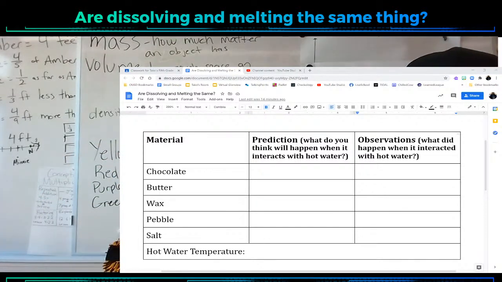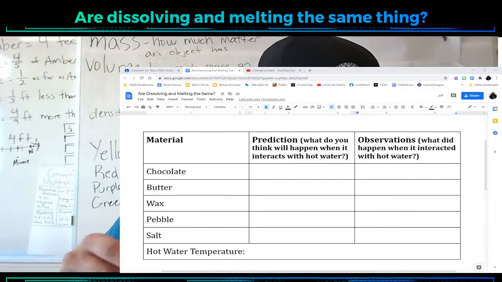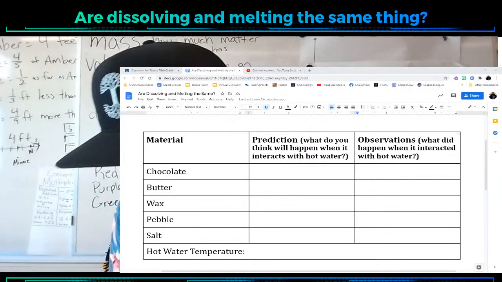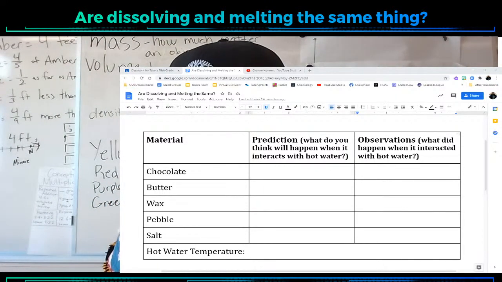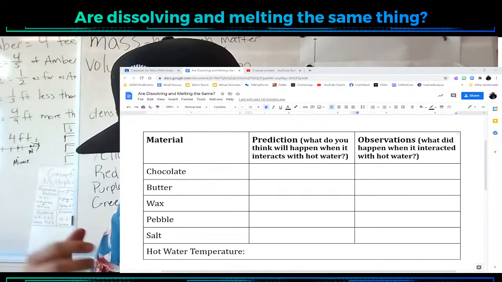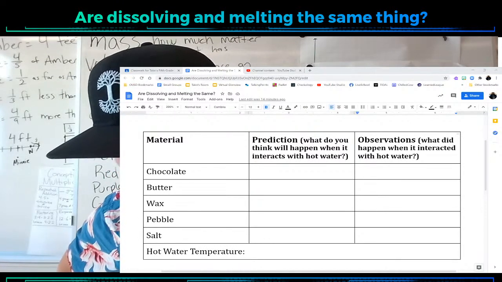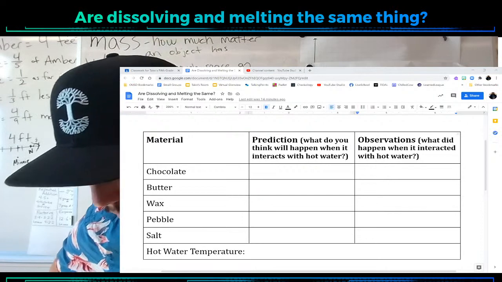Okay, and I'm dropping my thermometer in. Here's my thermometer. There it is, putting it in our hot water. And this is going to be in Celsius, by the way, just letting you know. Almost there.